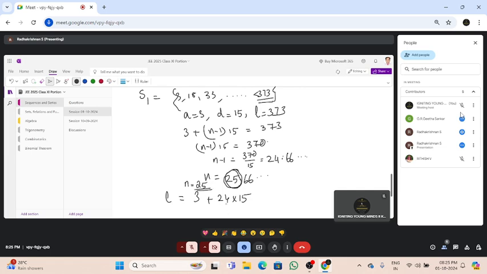So 25 minus 1 into 15. So this is 363, the correct end term. After 363 come 368 and 373, which are not divisible by 3. So only 363 is divisible by 3.